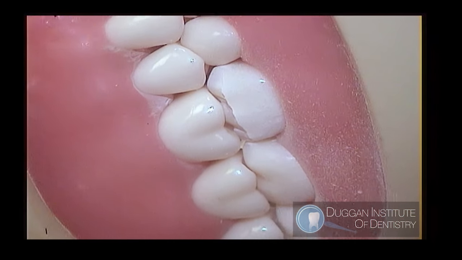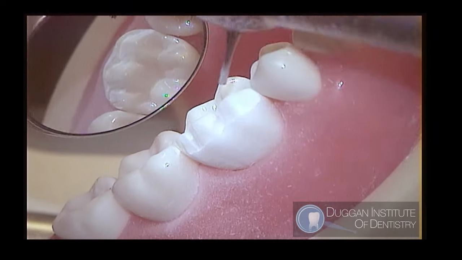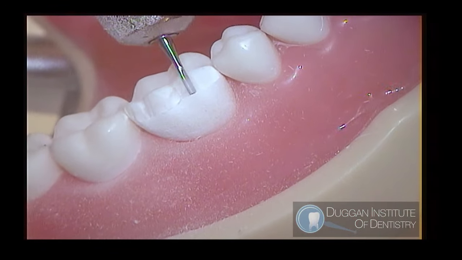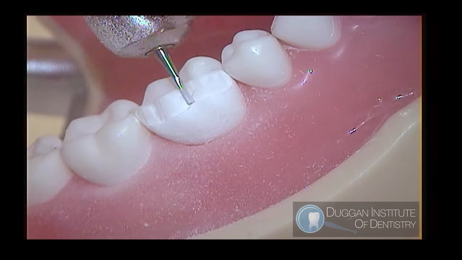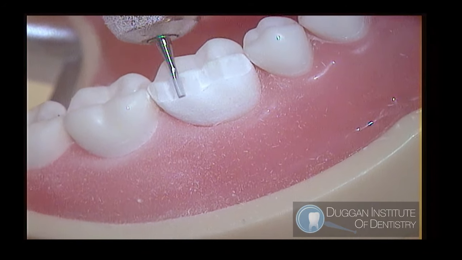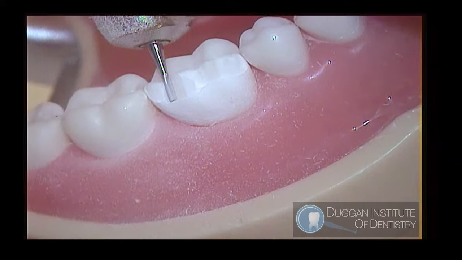Occlude the typodont to ensure that the maxillary cusps fit the mandibular grooves. Gently round cusps and grooves to the embrasures.